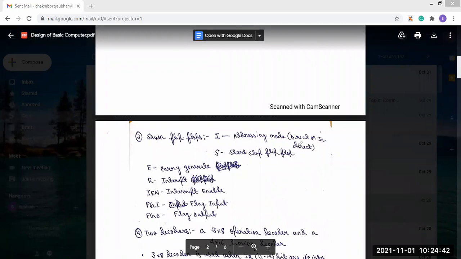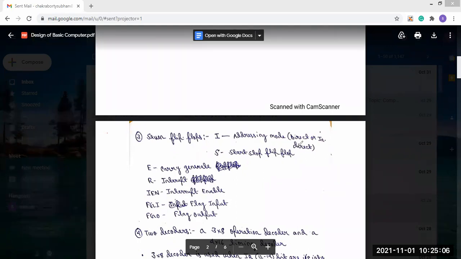Then what is the second flip-flop? Start-stop flip-flop, a carry generate, an interrupt, and IEN, interrupt enable. All of these are flip-flops. A total of 7 flip-flops are necessary. So the first is the addressing mode flip-flop, which will be 0 or 1, and based upon that it says whether it is direct or indirect addressing.